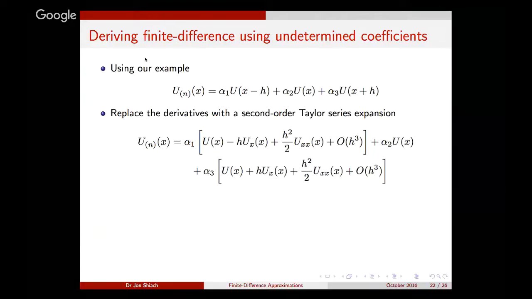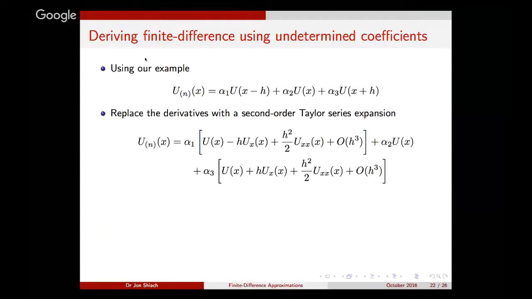So u(x minus h), I've replaced it by a second order Taylor series. u(x) is fine, I don't have to replace that with anything, so that's exact. Again, u(x plus h) I replace with the second order Taylor series. So that's just this step here, this equation with the u's replaced by Taylor series.